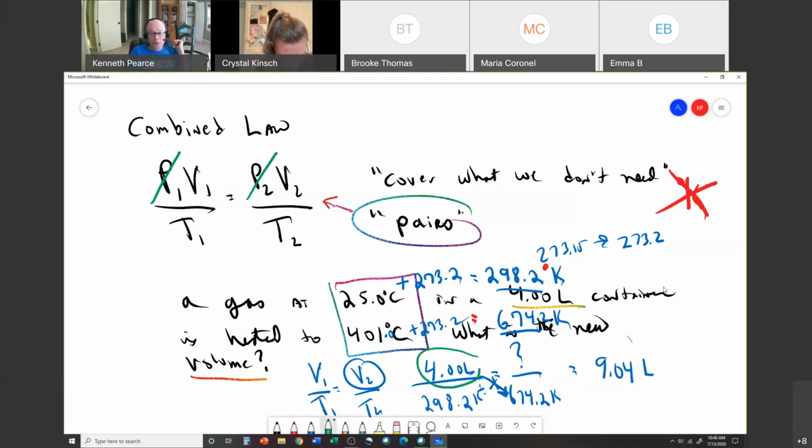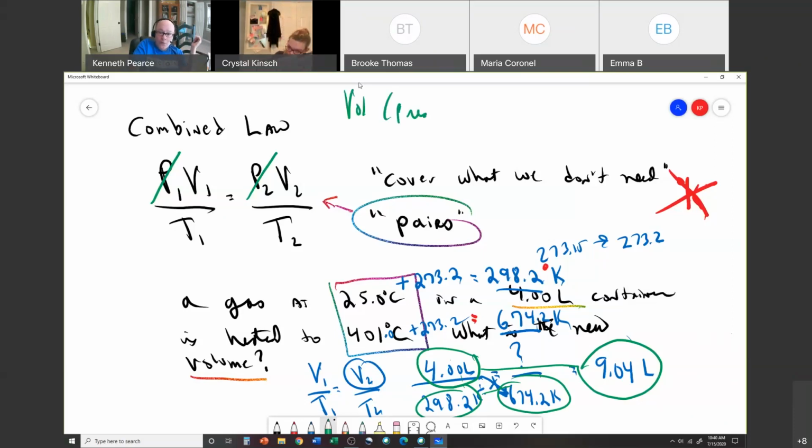You went from 4 liters to 9 liters. You went from 3 to a little over twice as far as the temperature goes. And so if we doubled and a little bit more the temperature, what happened to the volume? The volume doubled plus a little bit more, didn't it? Yeah.